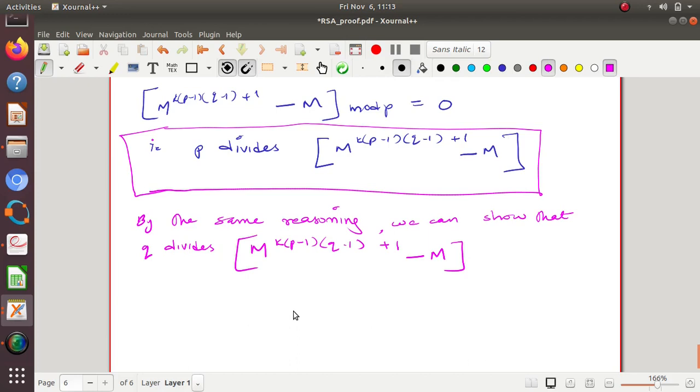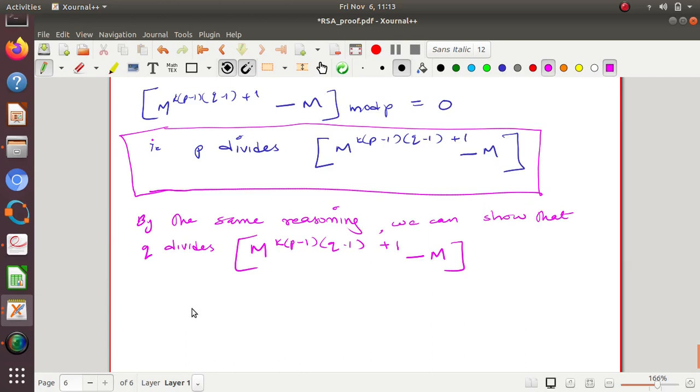Because p and q are distinct primes, and p divides this one and q also divides this one, this quantity will be a product of p and q and some other integer r. So we can express it like this.